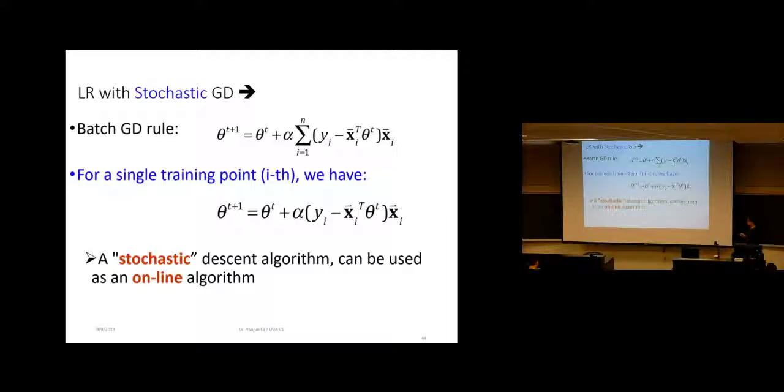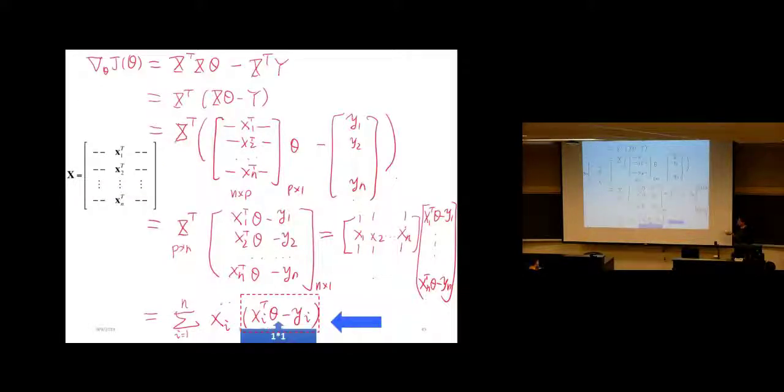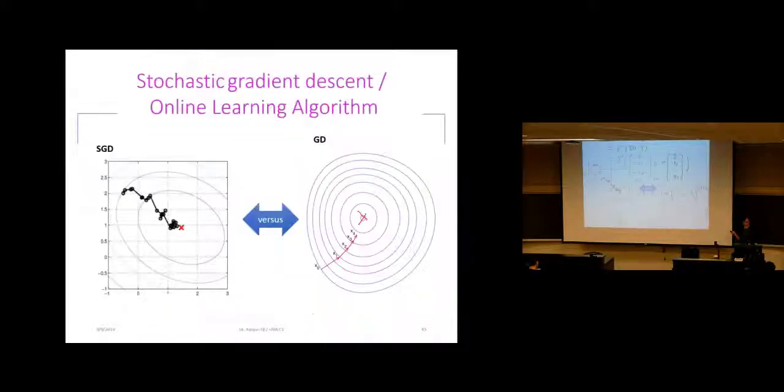All right, because some people may still be confused about this vector form versus the sample form, here is the derivation. How do you connect the two? Pretty easy. I'm not going to go over this, you can just read it to clarify. And then on the contour map, this is stochastic gradient descent.